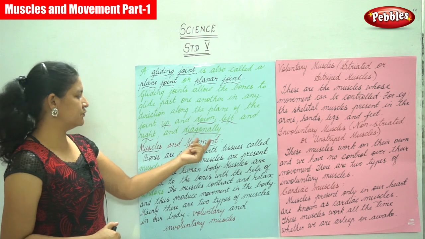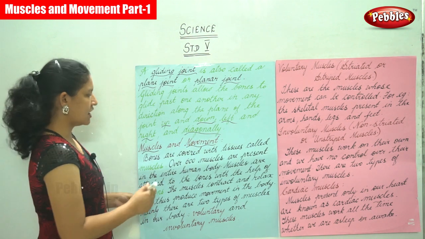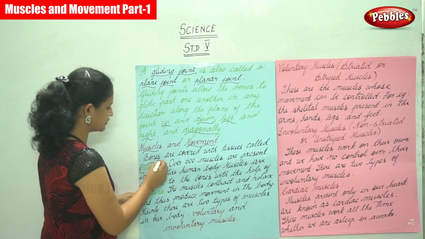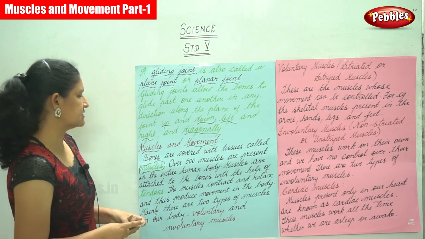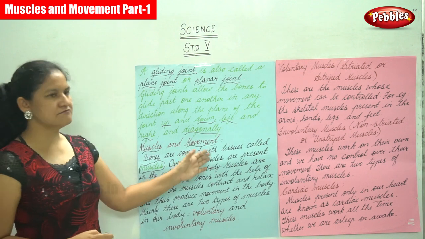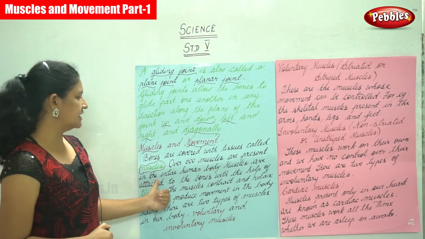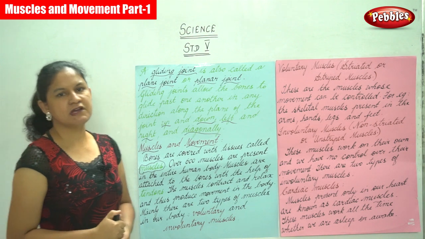Bones are covered with tissues which are called muscles. Over 600 muscles are present in the entire human body.